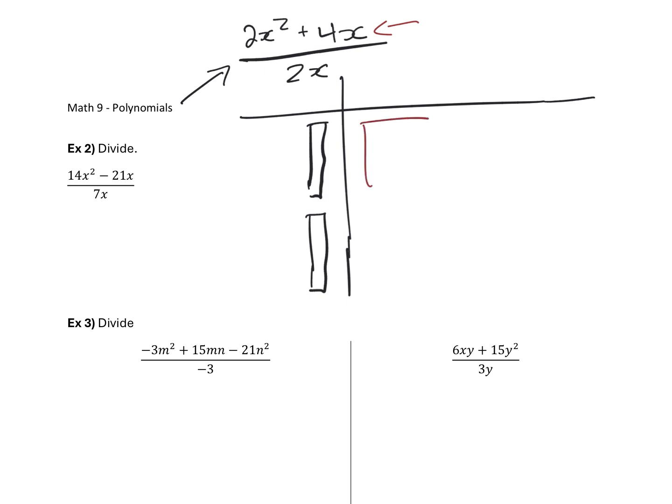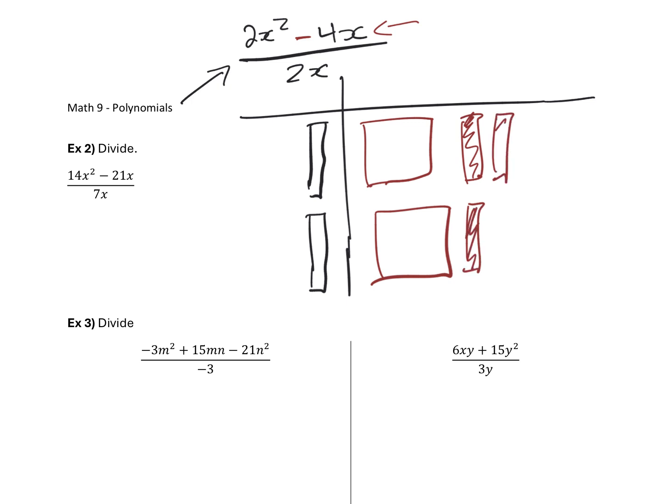I have 2x squared. Let's throw in a negative there. Let's go back and change that just a tiny little bit. We're going to make that negative 4x. Then I'm going to do my 4x's, still vertical, color them in a little bit.